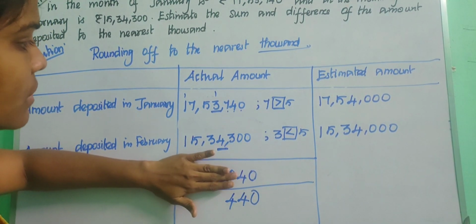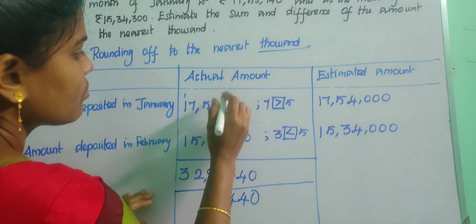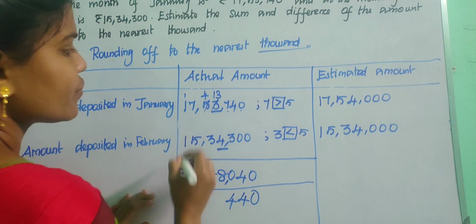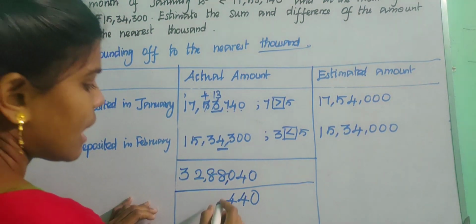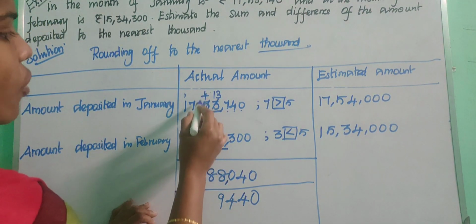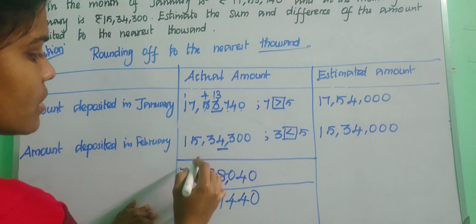And then 3 minus 4, we can't, right? So we need to borrow. So this 3 becomes 13 and 5 becomes 4. So 13 minus 4, 9. 4 minus 3 will get 1. 7 minus 5, 2.